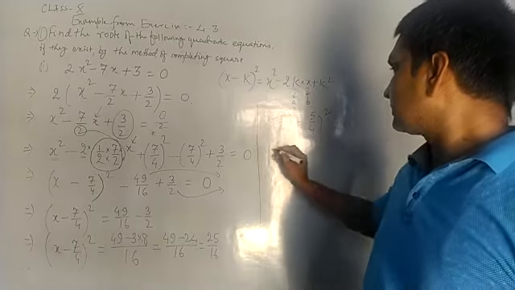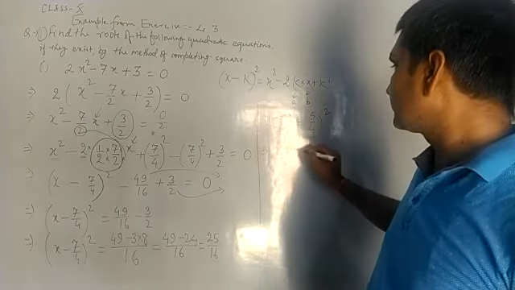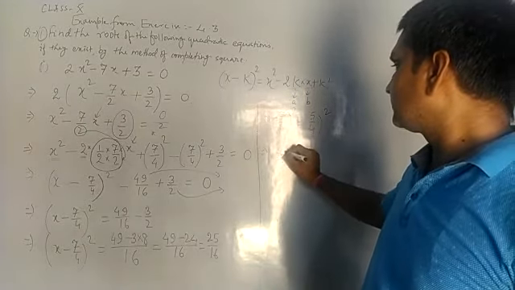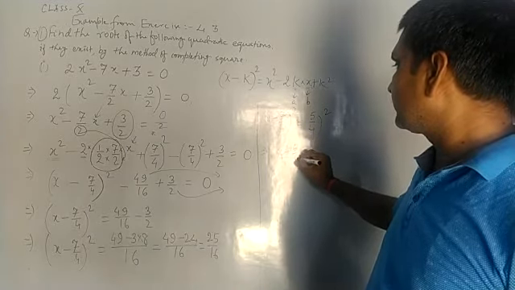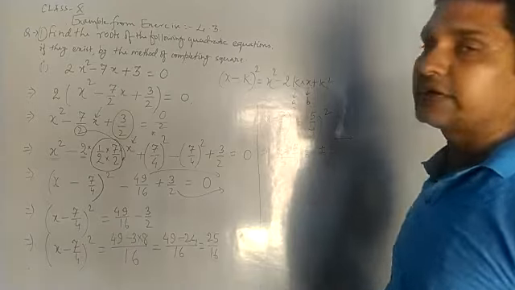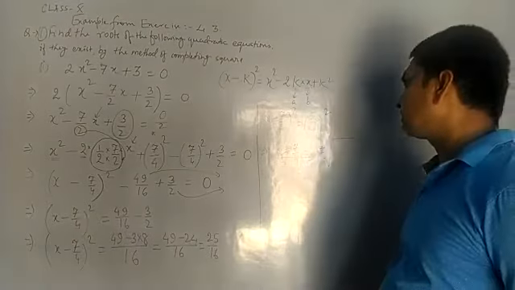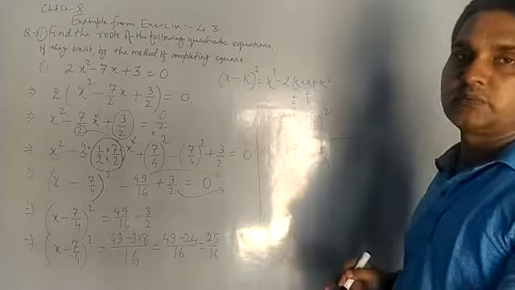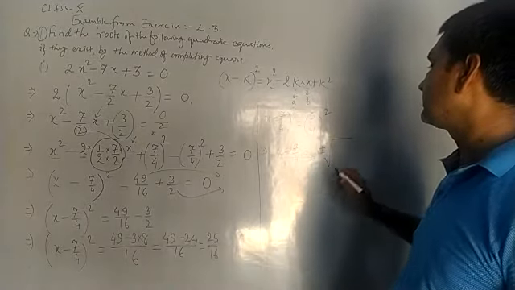Can we write? So that will give you x minus 7 by 4 is equal to root over, plus minus. If we are taking the square root of any real number, it will give us a positive real number, and then it will leave us plus minus.